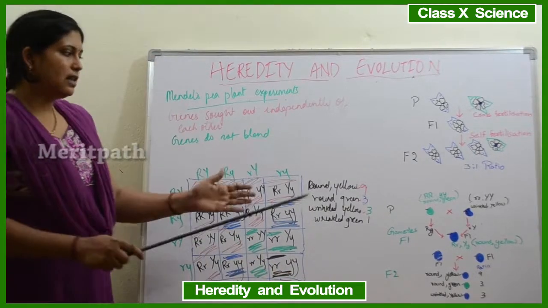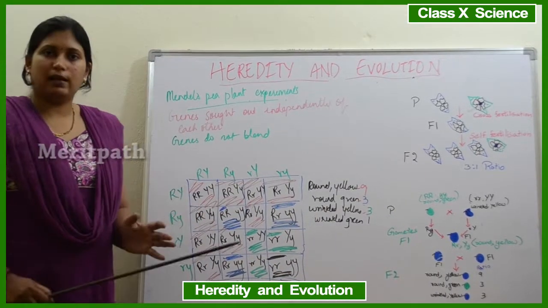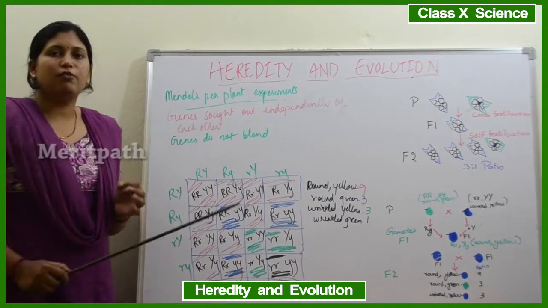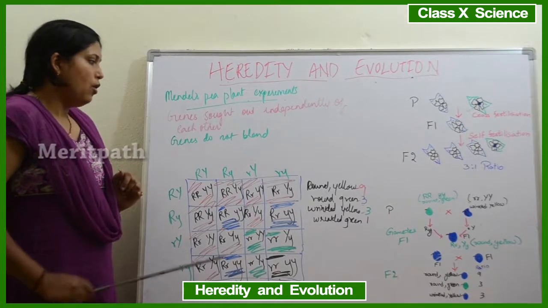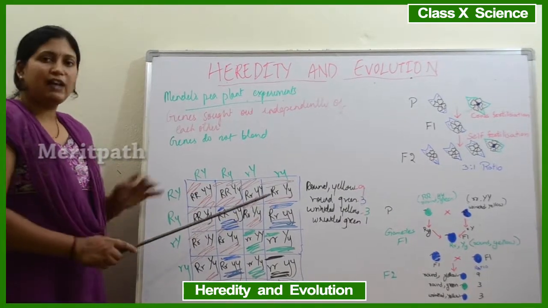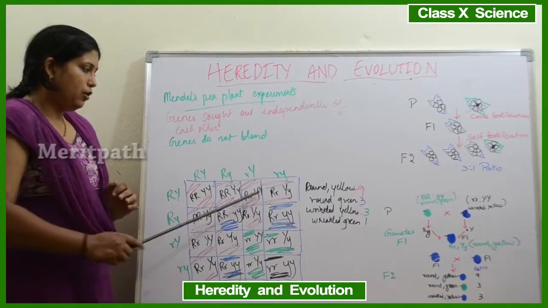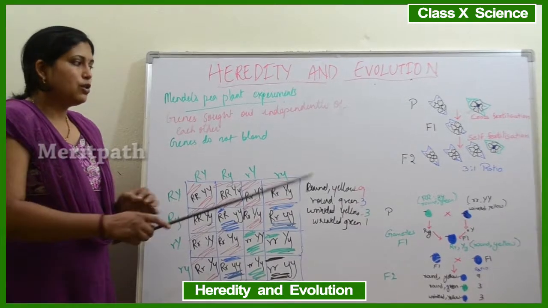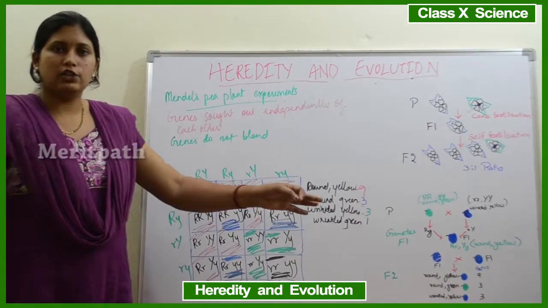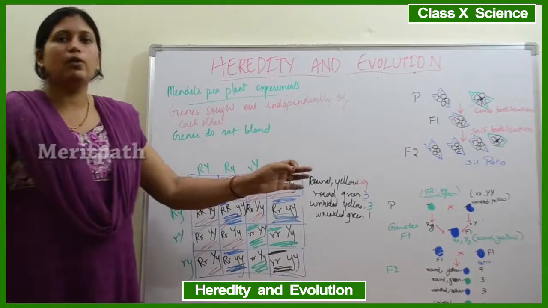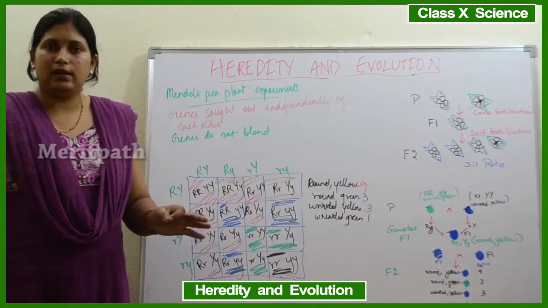So explaining this in a Punnett square is a much better and easier way. See, when you have self-pollinated the F1 generation, what we have got is round yellow were 9. See here I have indicated with red color. 1, 2, 3, 4, 5, 6, 7, 8 and 9. Round and yellow is the dominant trait here.